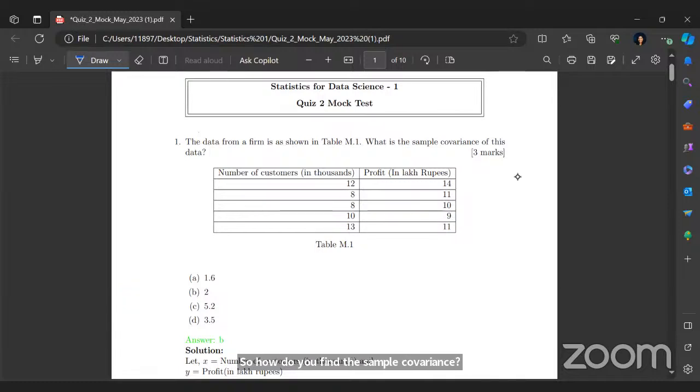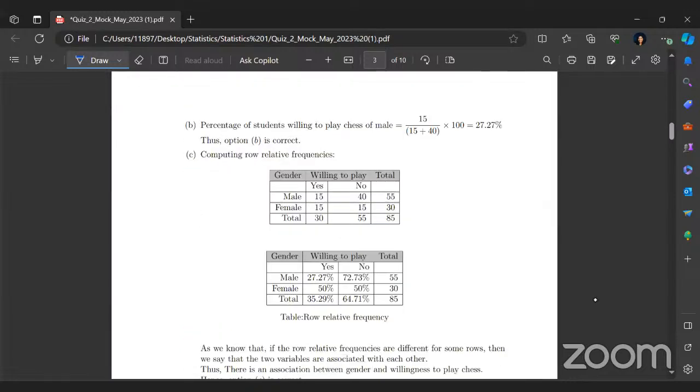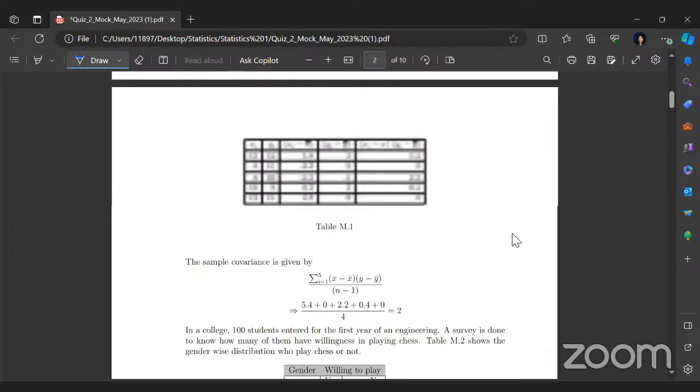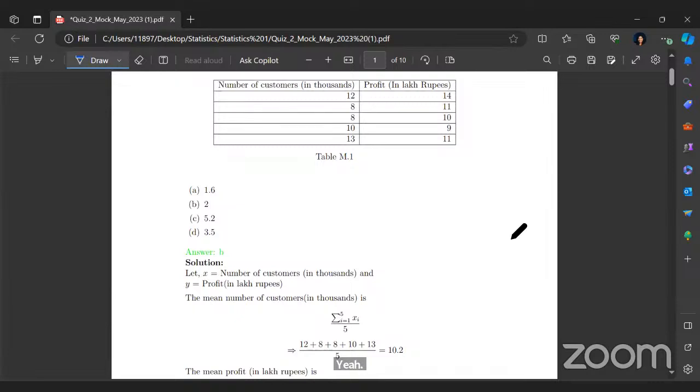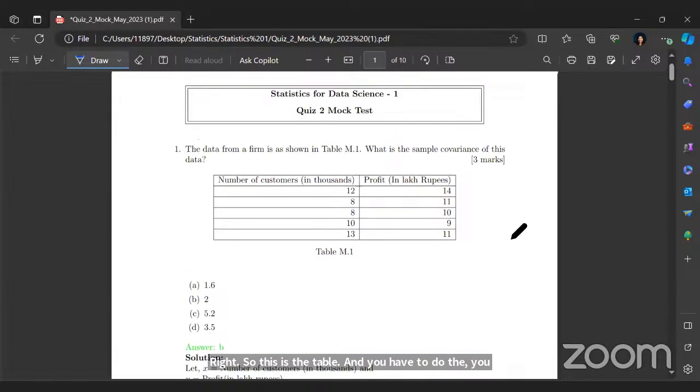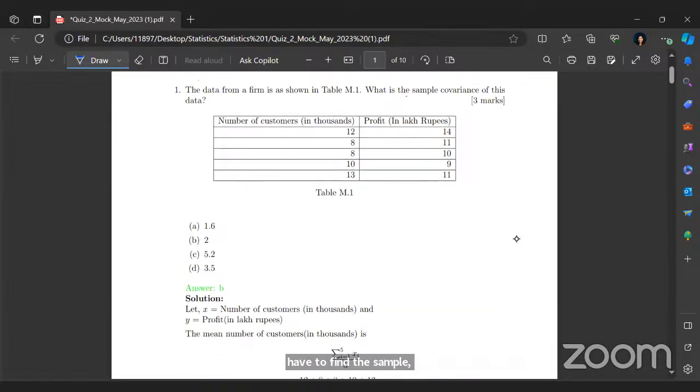X minus X bar, Y minus Y bar. I think my screen got stuck. Just hold on. Right, so this is a table, and you have to find the sample covariance.